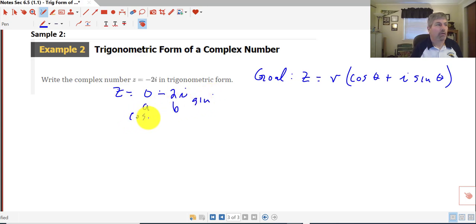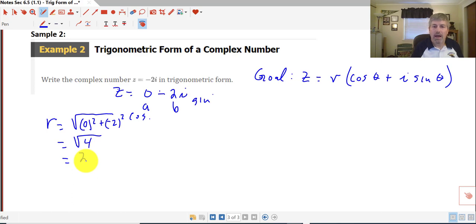A is our cosine. So we can figure out our r pretty quickly. r equals the square root of a squared plus b squared. So that is simply the square root of 4, or 2. So now we've got our r is 2.